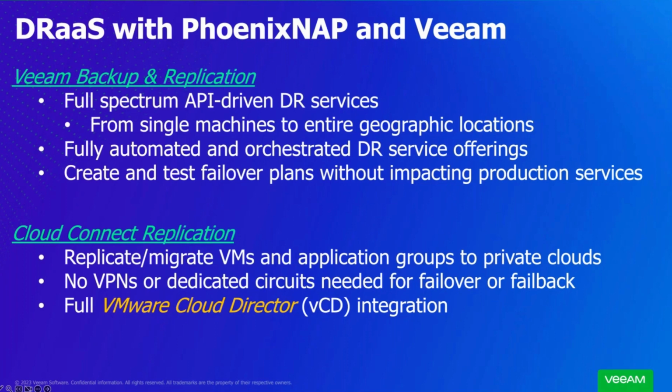And what we've been able to do and leverage at PNAP, using both Veeam Backup and Replication and Cloud Connect replication, is automate everything from what we call CDP, or continuous data protection operations, where your RTO, RPO times need to be within the seconds, right?